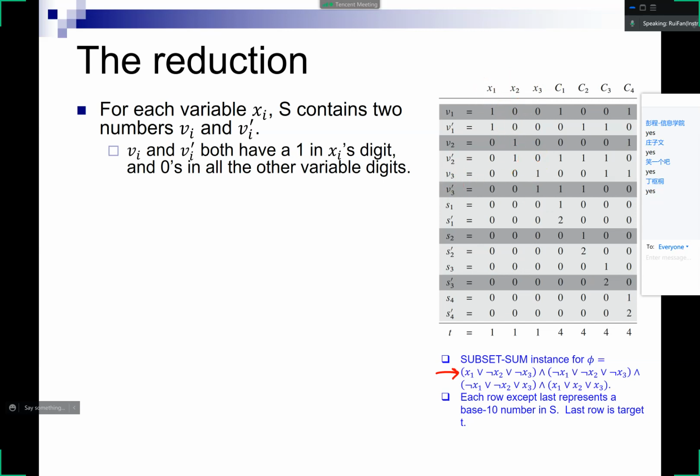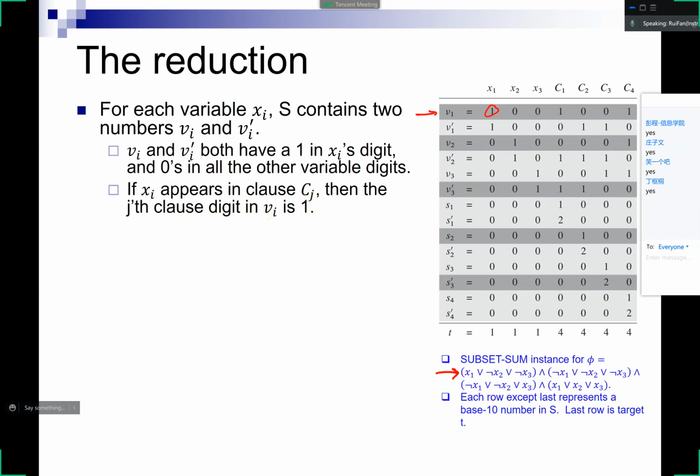We're not done with this entire number yet. We've put a 1 in this place, but we're going to add some more 1s to these numbers. So the next part is that if a positive literal xi appears in clause j, then the jth clause digit in vi is going to be 1.